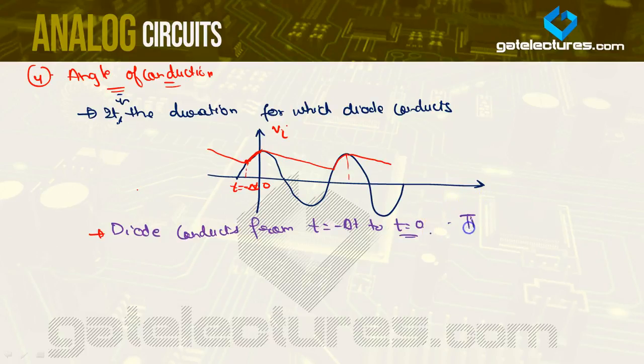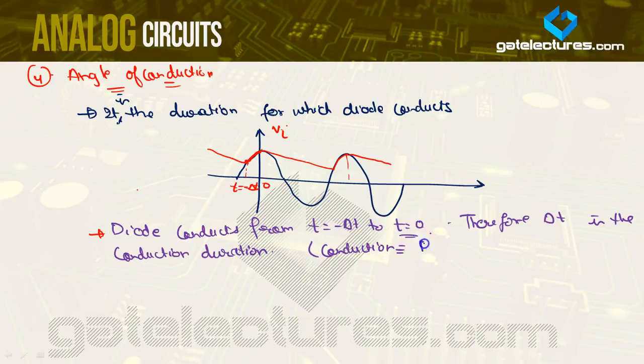Therefore, delta t is the conduction duration. Conduction is equivalent to saying it is forward biased.